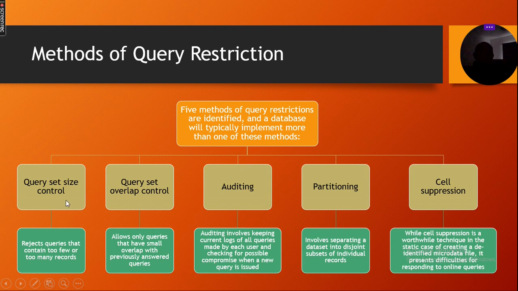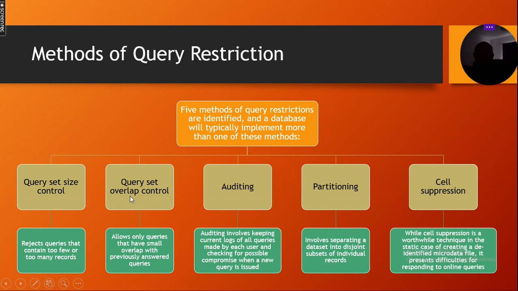It will reject any query that contains too few or too many records, because a size control restriction has been set on the query. Any request that is smaller or bigger will be rejected.